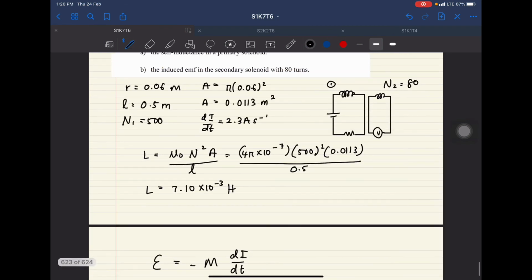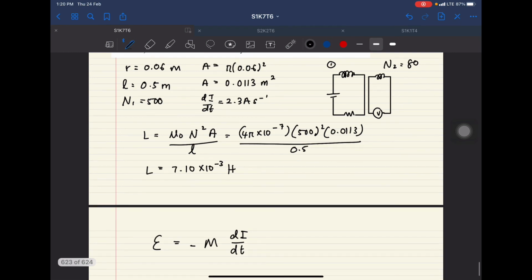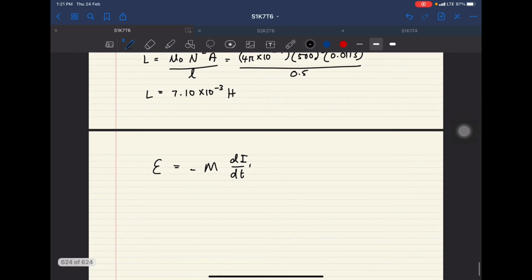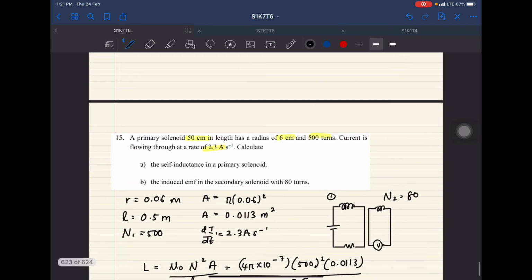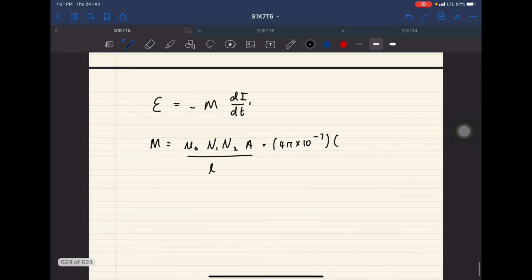Okay, so induced EMF is equal to mutual inductance multiplied with di dt. Di dt is given 2.3 ampere per second. Notice that di dt here is from the circuit 1. Right. So you have to calculate mutual inductance first, and then you can substitute inside this formula. The mutual inductance M equals to mu naught N1 N2 A over L, instead of N square. So it will be 4 pi times 10 negative 7, and N1 just now is 500, and N2 is 80.